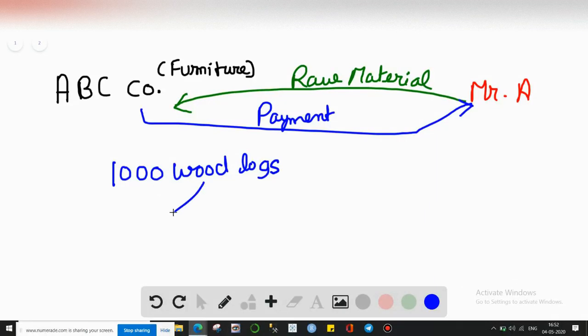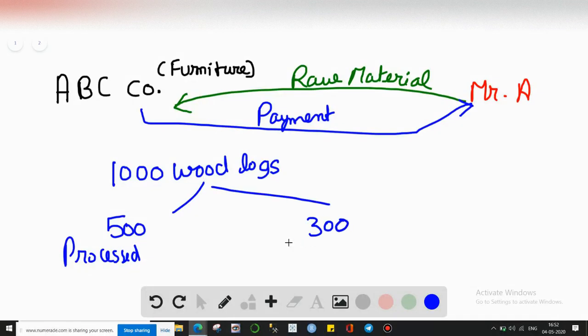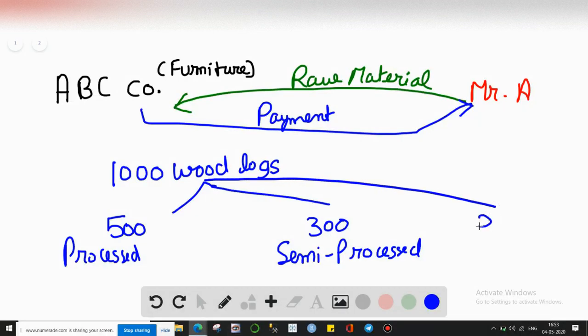Now out of 1,000, 500 has been processed, 300 semi-processed. Semi-processed means neither processed nor raw material. And 200 like raw material, just in the form as Mr. A has sent.